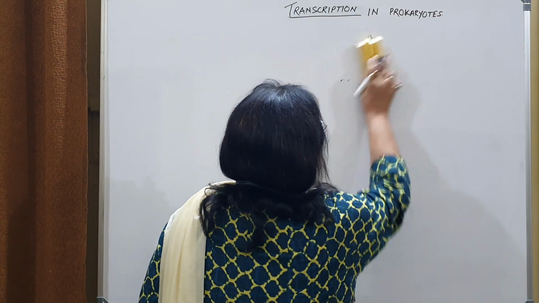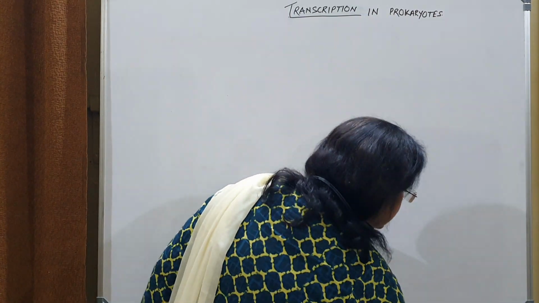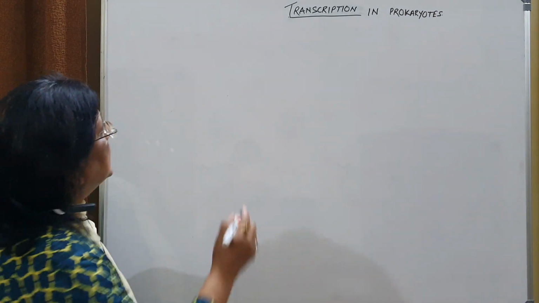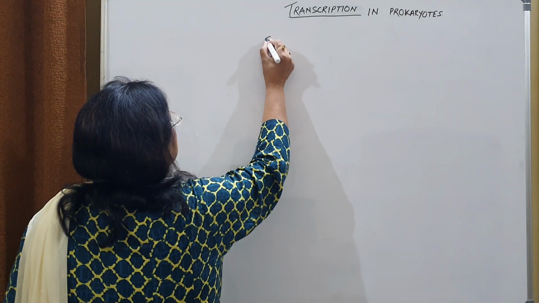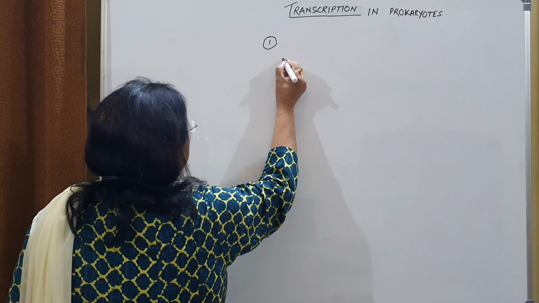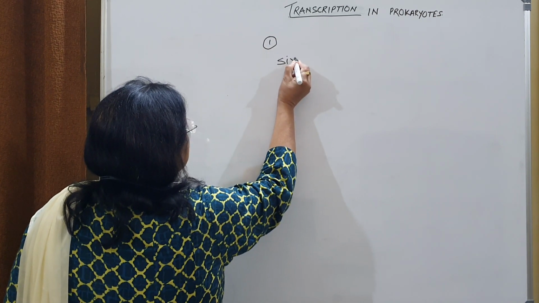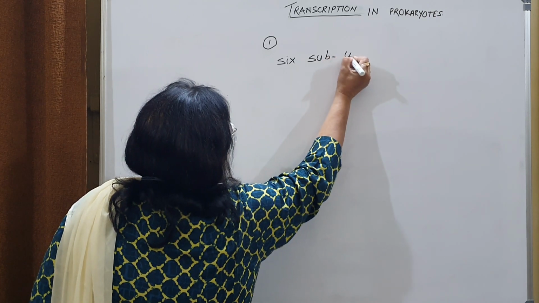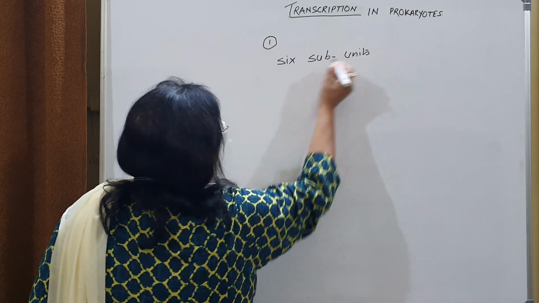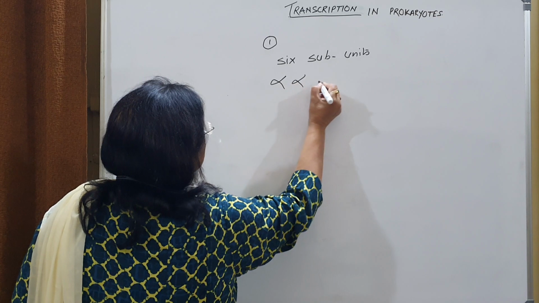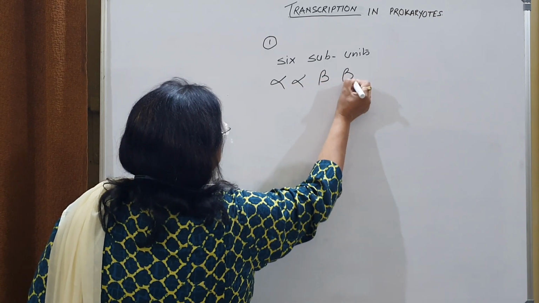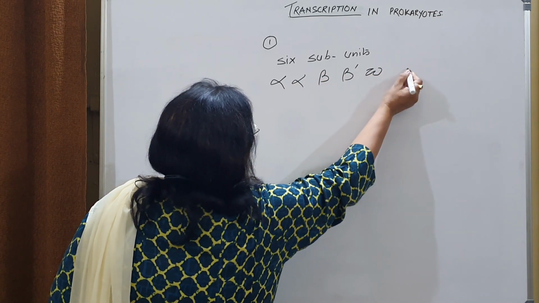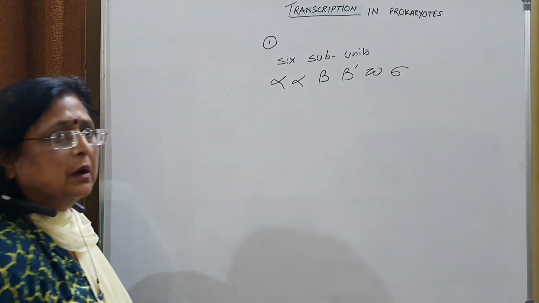Now, what is the structure of RNA polymerase? The structure of RNA polymerase is as follows. It is made up of 6 subunits. They are 2 alphas, beta, beta dash, omega and sigma.